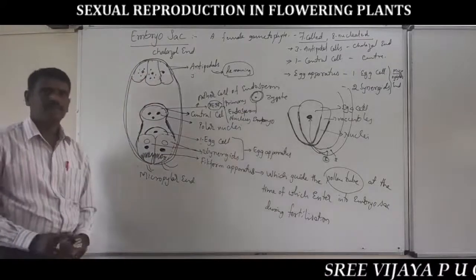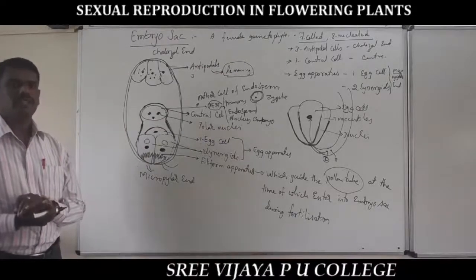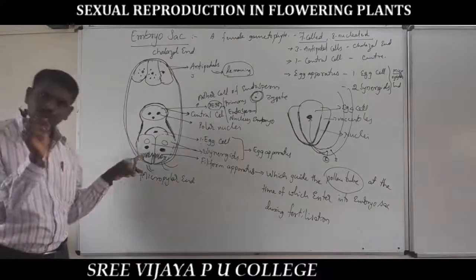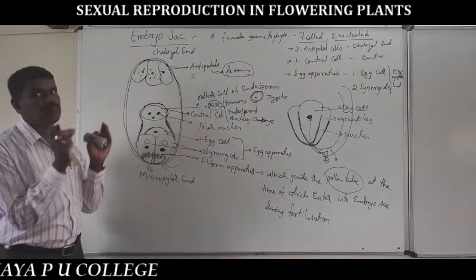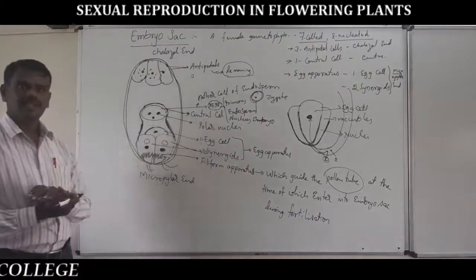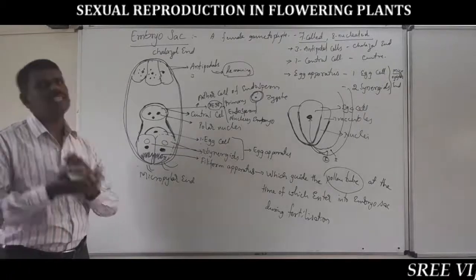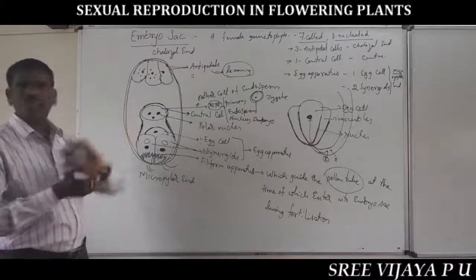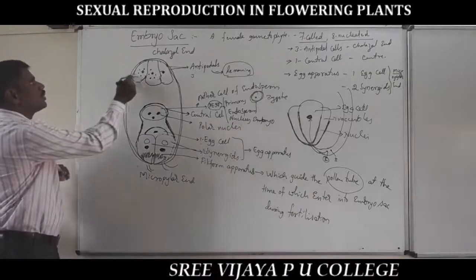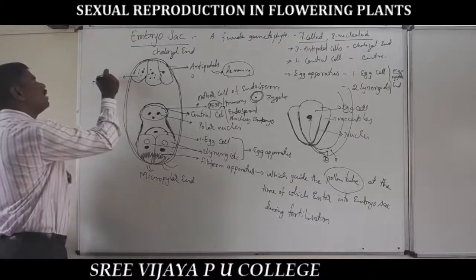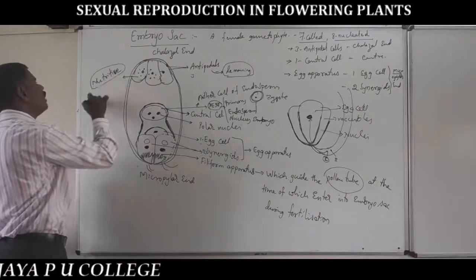It's very important. Commonly, antipodals degenerate and disappear, either before fertilization or soon after fertilization. If they do not degenerate, they help in nutrition.